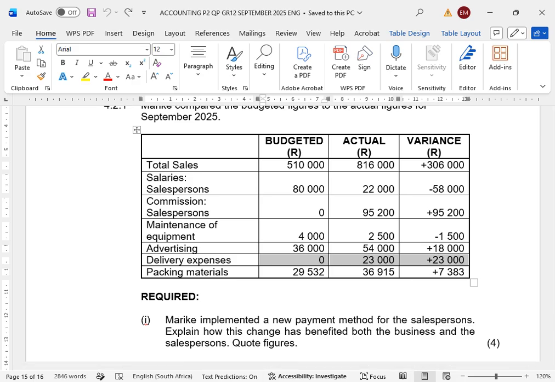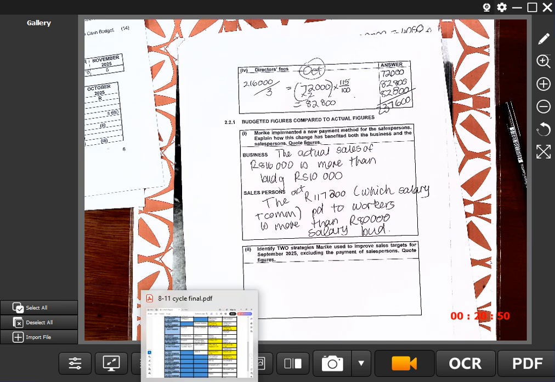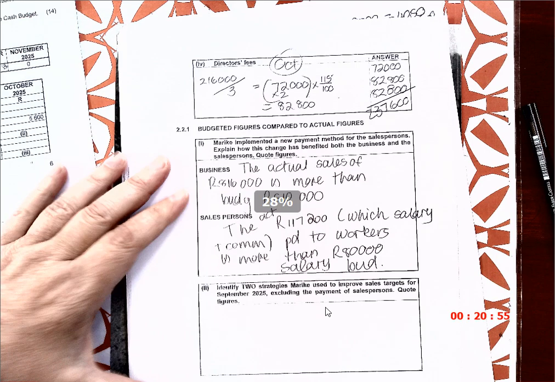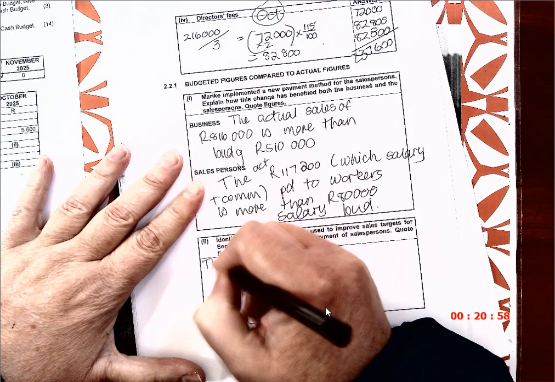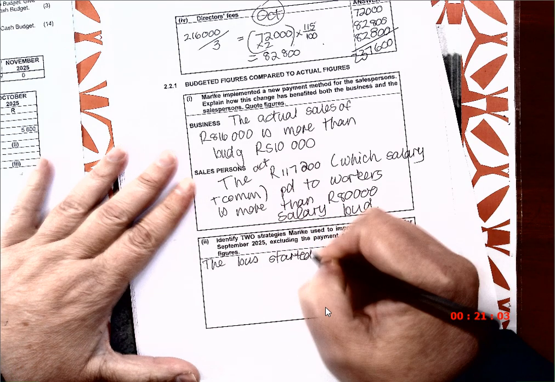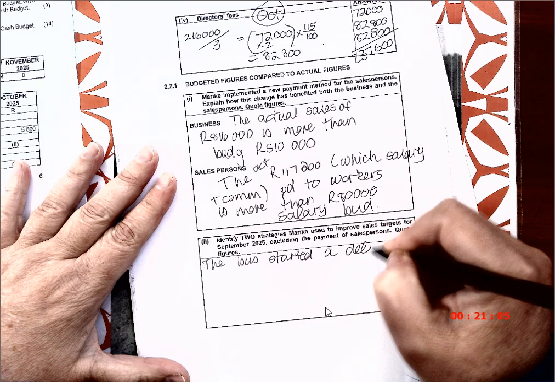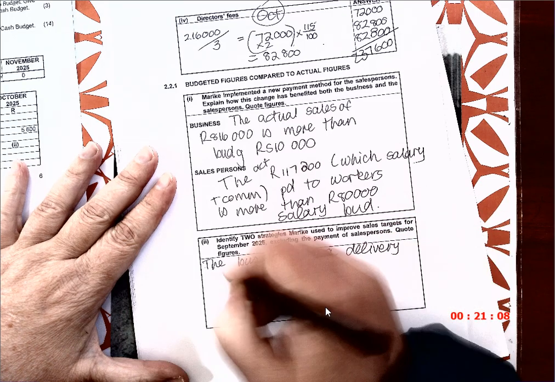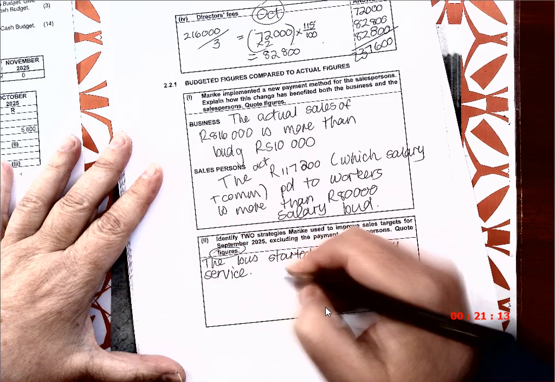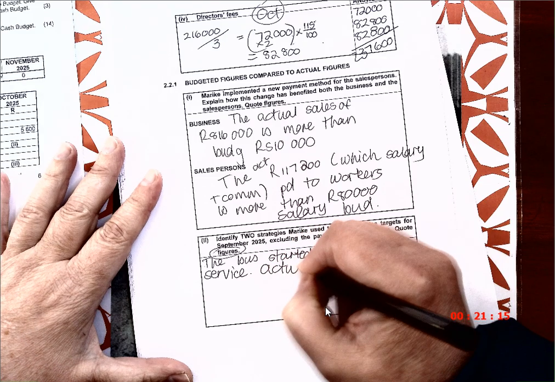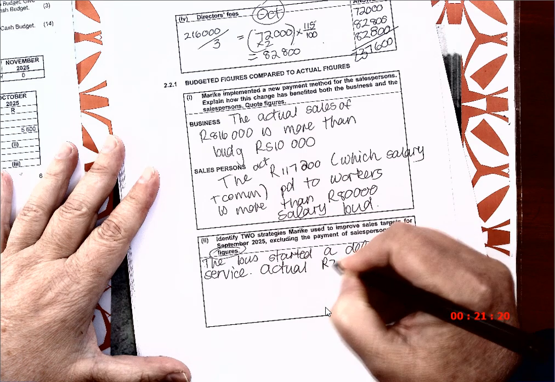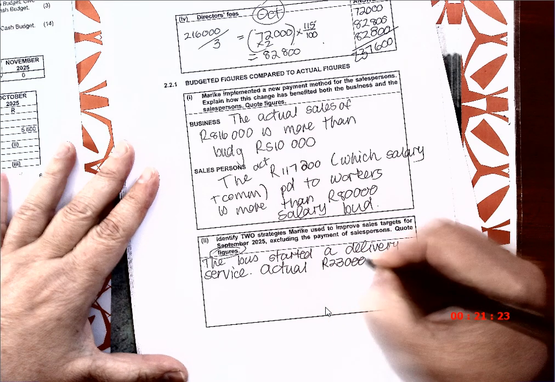So now what are we going to say? First of all, we will say we started a delivery service, and they want figures. So you're going to say actual, 23,000 more than budgeted.